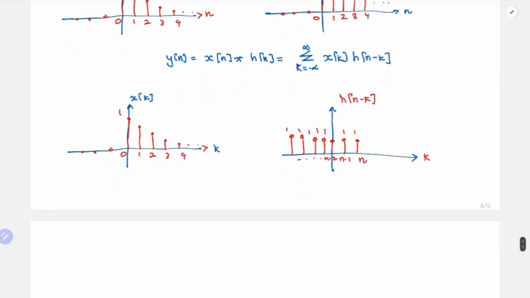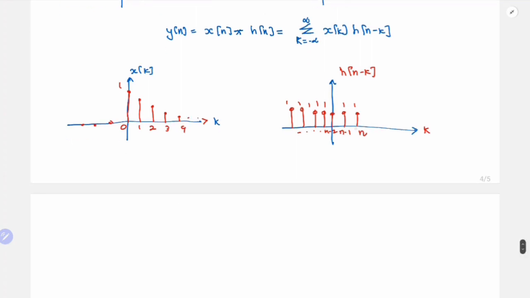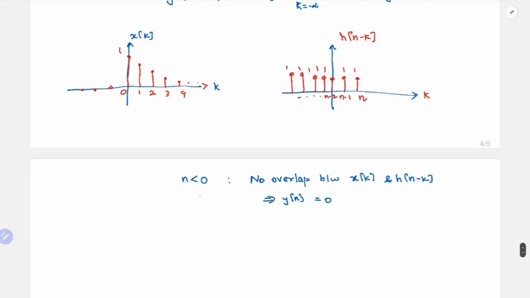Now I have to multiply these both and find y of n. So before that, I have to observe that for what value of n is y of n 0 or non-zero. So if my n is going to be less than 0, then there is no overlap between x of k and h of n minus k. So my y of n is going to be equal to 0. And for n greater than or equal to 0, there will be overlap, right?